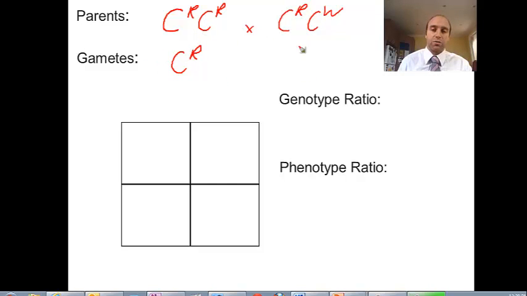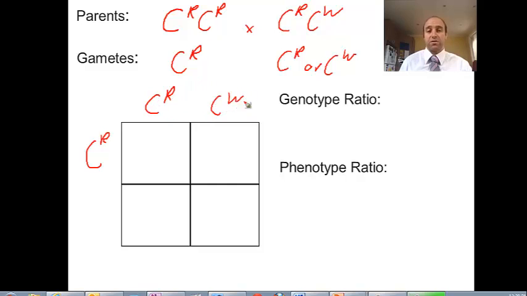This one could produce red or white. Okay. As we transfer these down onto our gametes on our Punnett square, these gametes here from this parent, these from this one here. I haven't written any along the bottom here because it would basically replicate this row. It shows the possibilities. It wouldn't be incorrect to do it. It would just mean we'd probably simplify our problem a little bit later.